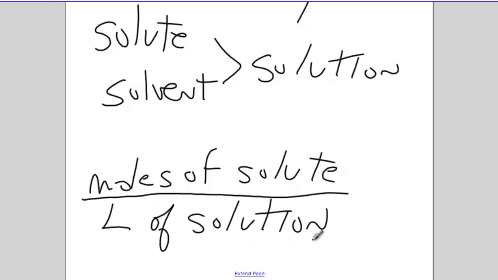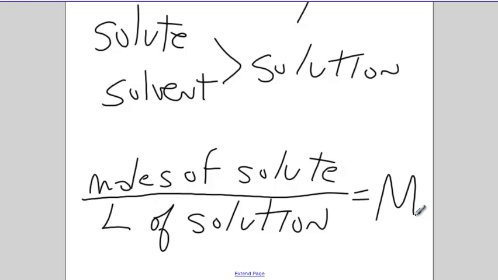Notice solution, not the solvent, it's the whole solution. Technically, that accounts for the volume that the solute's taking up also. And the symbol, we've run into this before, is a capital M. That means molarity. Moles of solute, liters of solution.